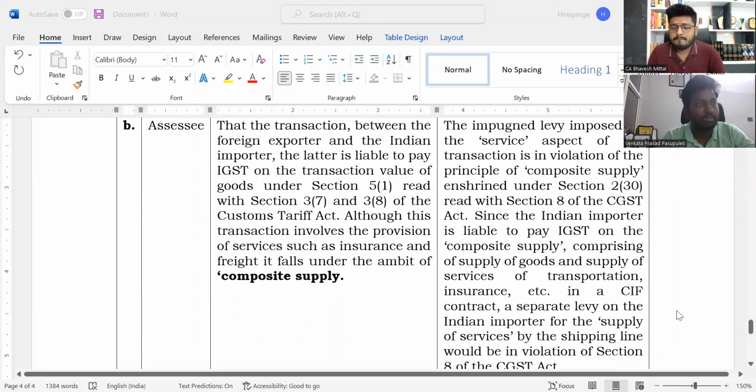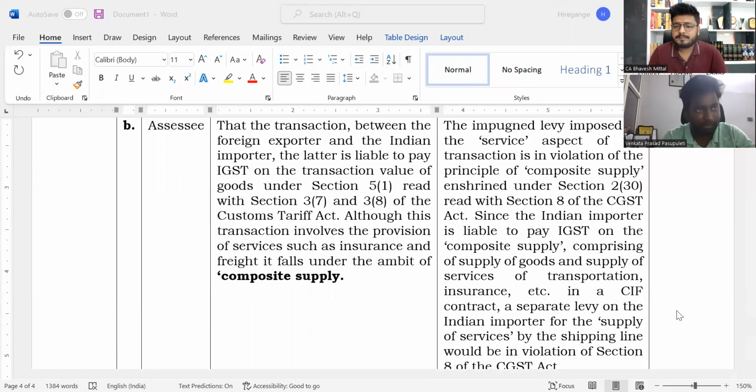And by virtue of the composite supply theory under Section 7(8) of the CGST Act, which is made applicable to IGST, whose provisions are again borrowed and referred to by the customs levy of IGST, once the same IGST has been paid on the customs import transaction, including on the transportation, they cannot again levy GST under reverse charge on the same person on the same transaction.